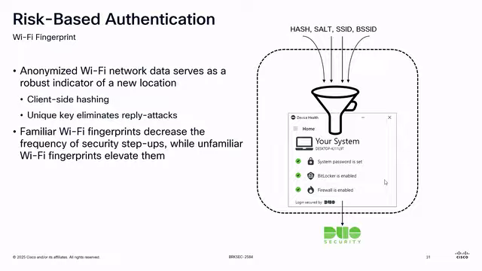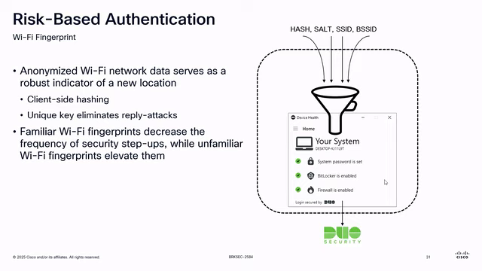What Duo Desktop does, in real time, during the authentication of your access device, is collect SSID and BSSID information. It uses a local salt. It salts the data. It hashes, and the pattern that gets hashed gets uploaded to Duo during authentication.